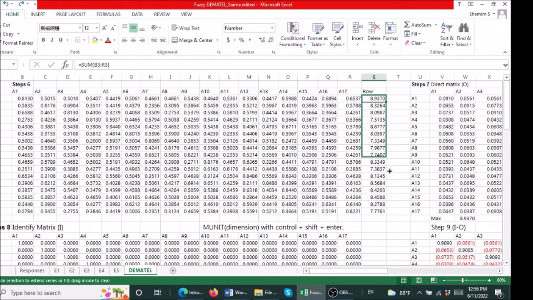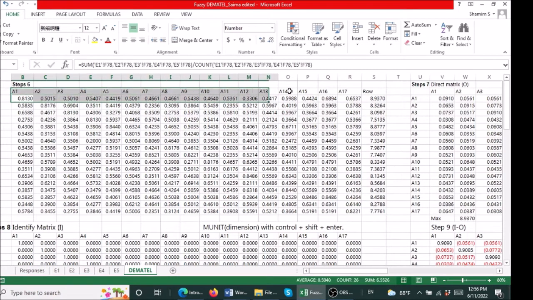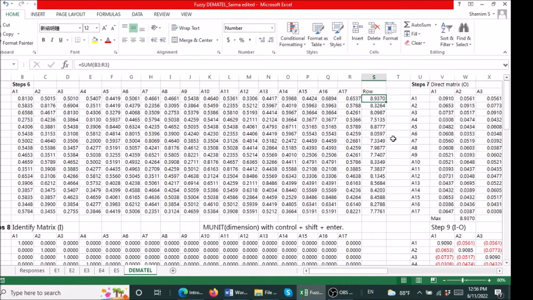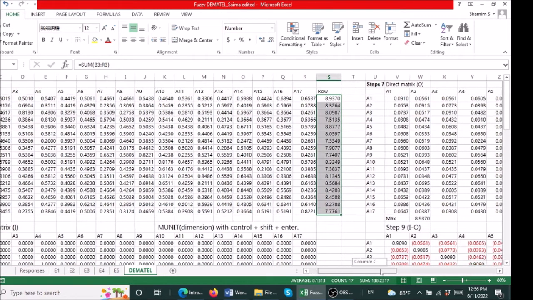So this is how we did it, right? First this way we get the sum value of the first row, and then just double click, you will get the rest of the values automatically.